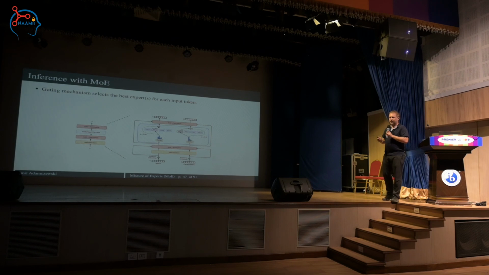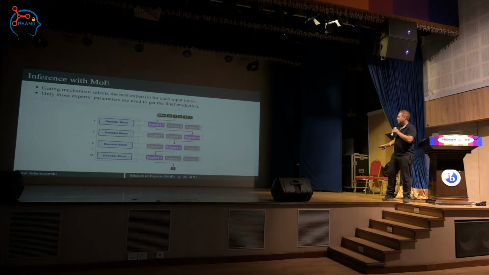So at our disposal, we have a big model, but in reality, we use only a small part of it. This is a depiction of the entire model, because for each decoder we might have different experts. Perhaps for the first one we will have expert 1 activated, then expert 3, and so on.